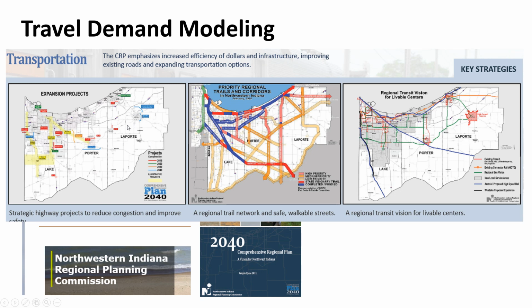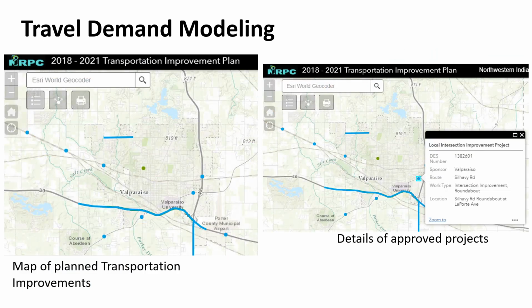They also model trails and regional corridors, and they're showing all of these by priority. Here is transit: where do they see transit usage in different corridors? Again, they are modeling all of those things.